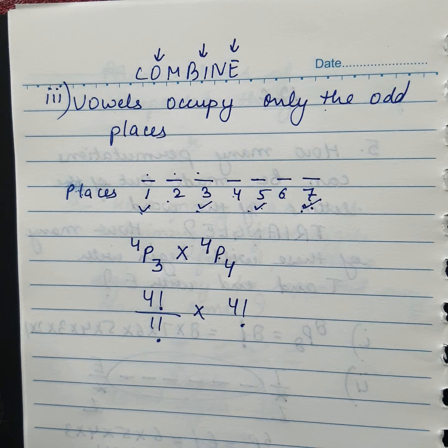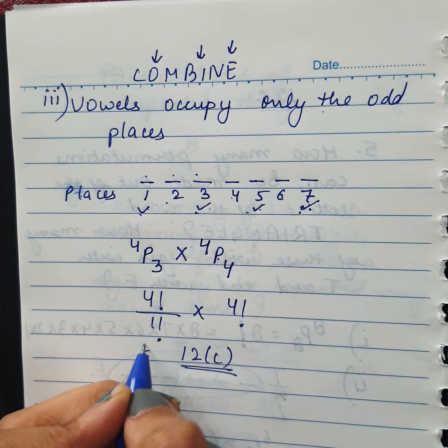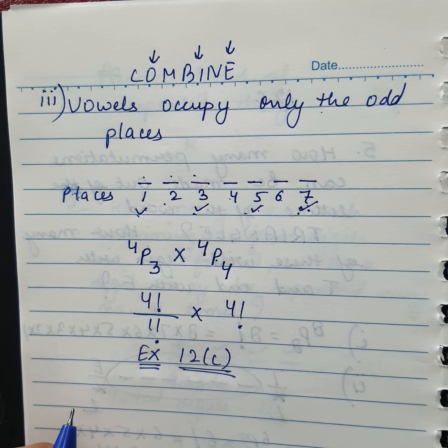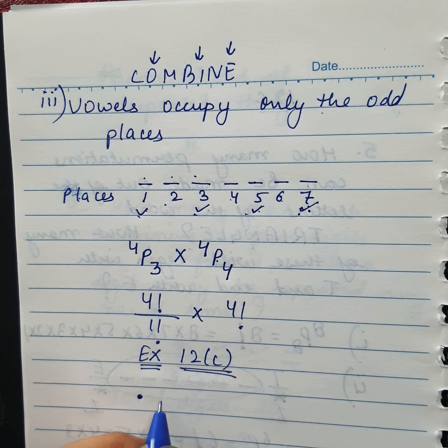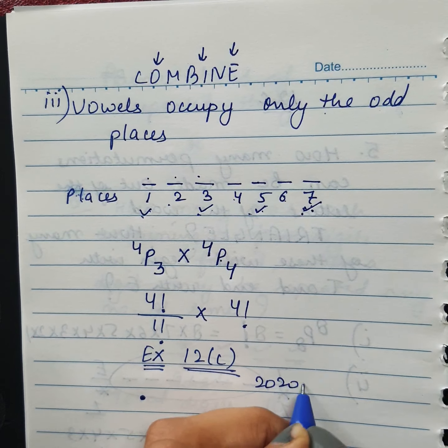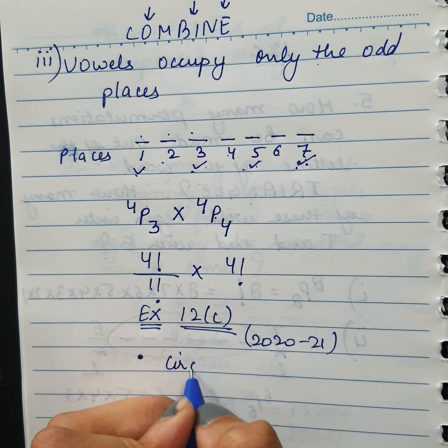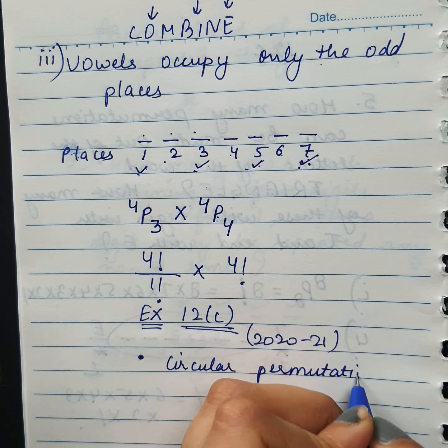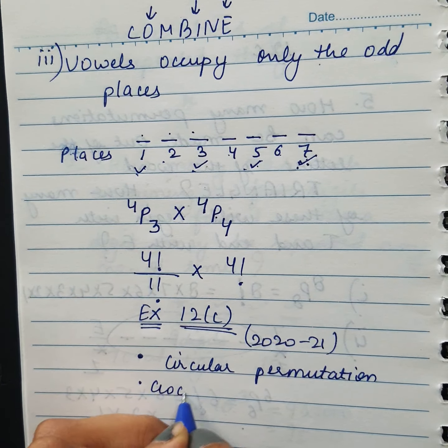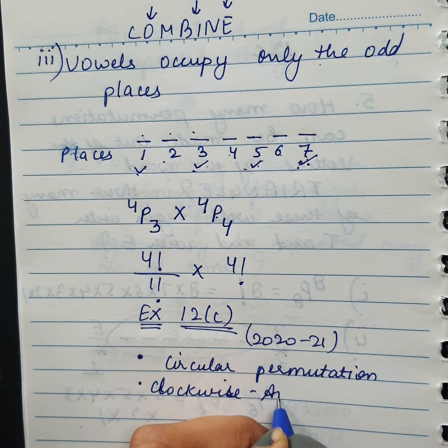So all the types of restricted permutations I have covered with a few examples. The rest of the examples you will find in exercise 12C. So I suggest you try this exercise, as many questions as you can. Note, only for this session 2021, a few things have been omitted, and out of those, one is circular permutation, and clockwise and anti-clockwise permutations.